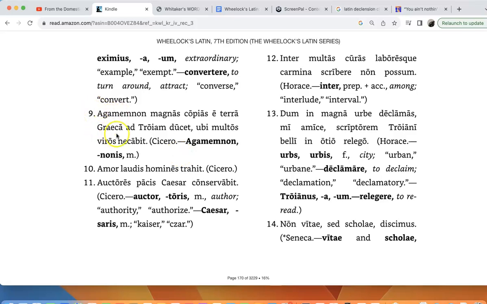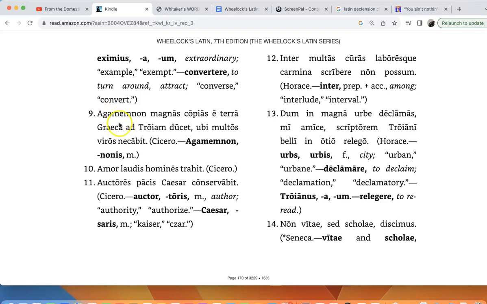Number 9, I'm going to do a couple more here. Agamemnon, of course, the idea was that when they were all fighting for Helen, Helen's father made all the Greek leaders promise that to whomever she was given or betrothed, the other Greek leaders would protect Helen. And so they all swore a pact.